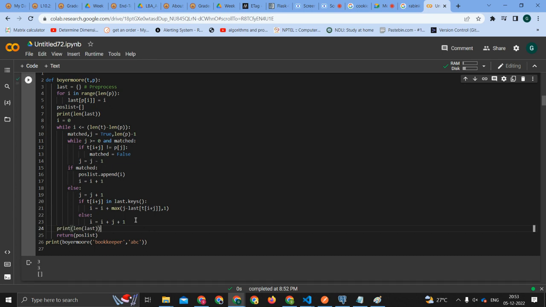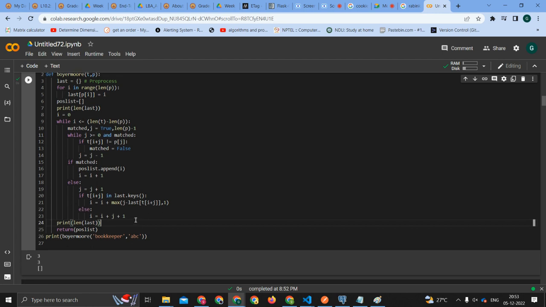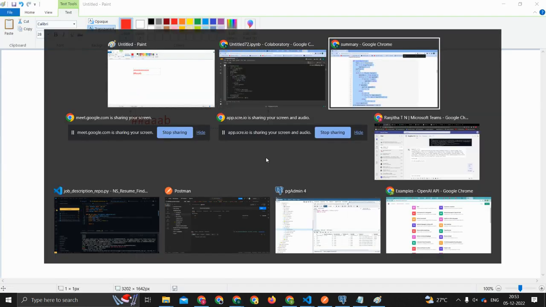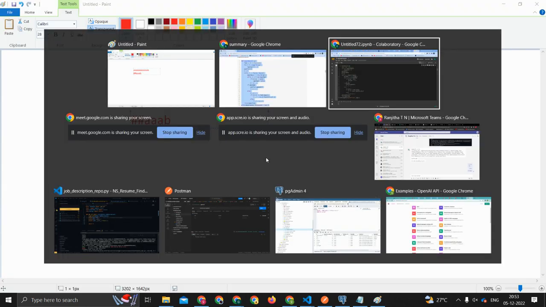I think the last position is only for Bookkeeper, the repeating letters, then only the count will match. See, O, K, K, and E. So it's counting only for O, K, K, and E, right? Oh, no, the A, B, C. Okay, so they are taking it for this one. I didn't read the question properly, I think.